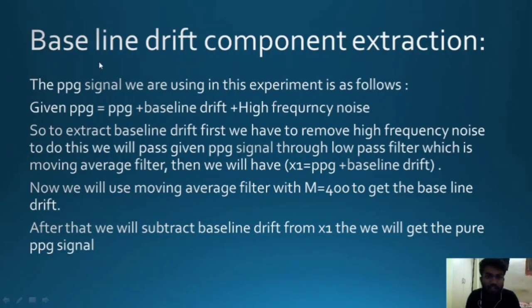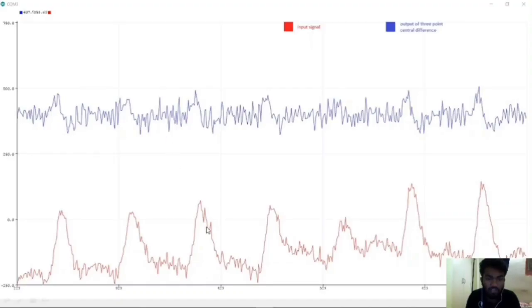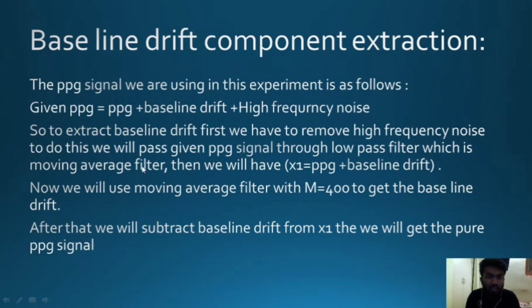Now the baseline drift component extraction. The given PPG signal has the pure PPG signal, baseline drift, and high frequency noise. So to extract the baseline drift, we have to remove the high frequency noise. To do this, we will pass this given PPG signal through a low pass filter, which is the moving average filter, and then we will have x1, that is only the PPG signal and the baseline drift.